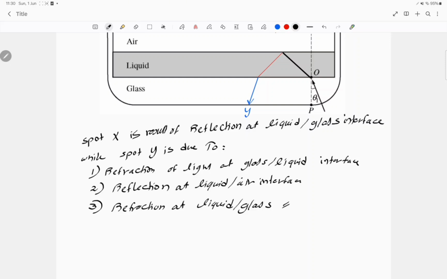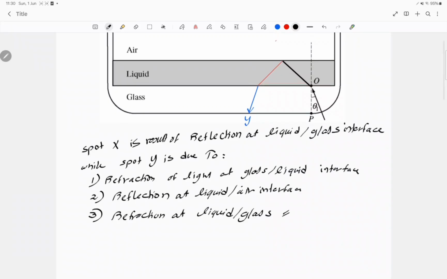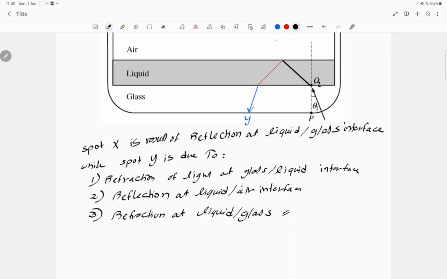Why is spot Y less bright? Because when light hits the glass liquid interface, some of it reflects to form spot X, so some light intensity is lost there. And also when the light hits the liquid air interface, some of it is transmitted into the air.